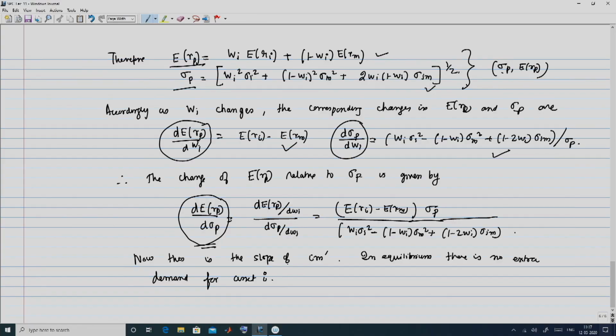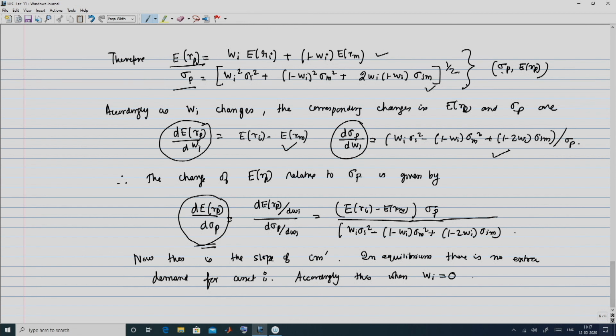So, in a market equilibrium you will have the portfolio P comprising exclusively of the market portfolio, that is, W I is going to be equal to 0.